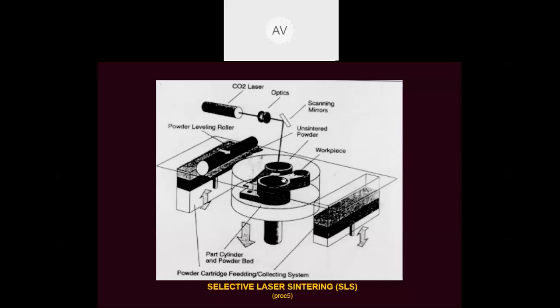Again for the next layer, the powder bed will go down in -z, and again the excess material will be taken away through the powder leveling roller. The extra powder will be passed to the collecting system. Again through the laser we solidify the part, layer by layer, and the powder in this chamber will act as a support for this system.